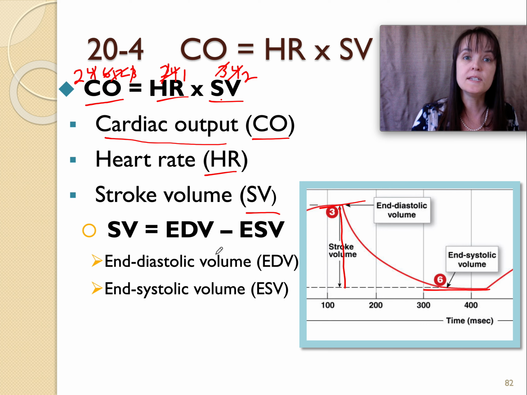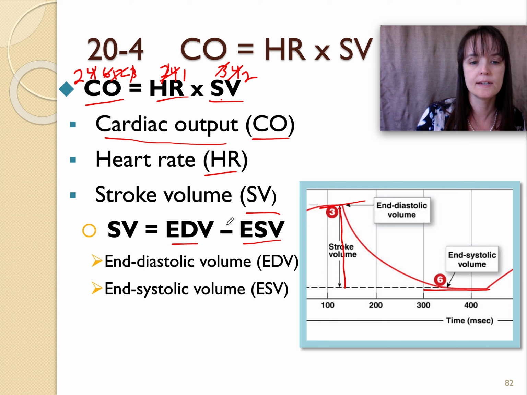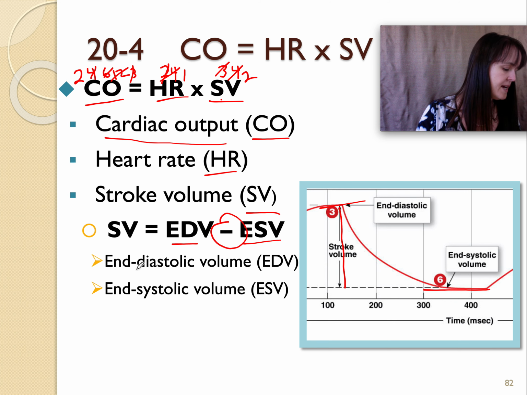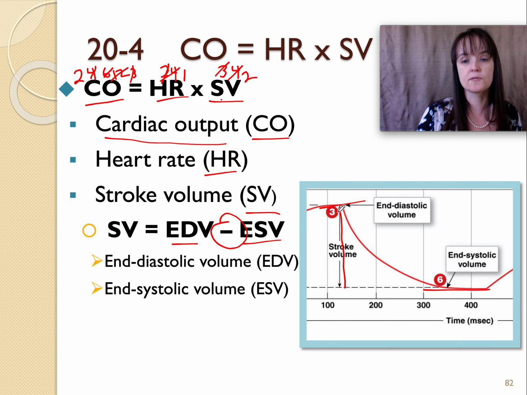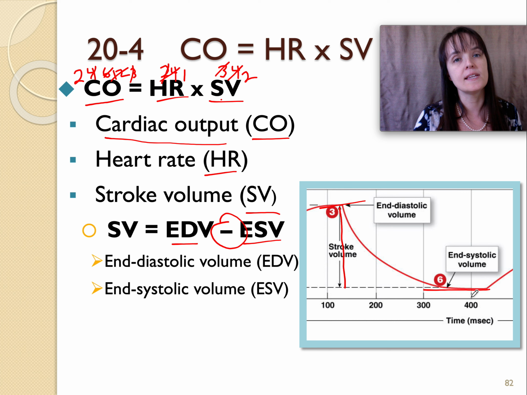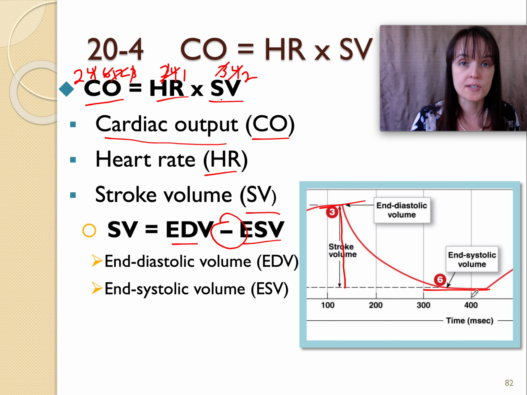So it's the difference, and when I say the difference between EDV and ESV, I mean the math version of difference, which is literal subtraction. The end diastolic volume is the amount of blood in the left ventricle at the end of ventricular diastole. The ESV, the end systolic volume, is the amount of blood left over in the left ventricle at the end of ventricular systole.